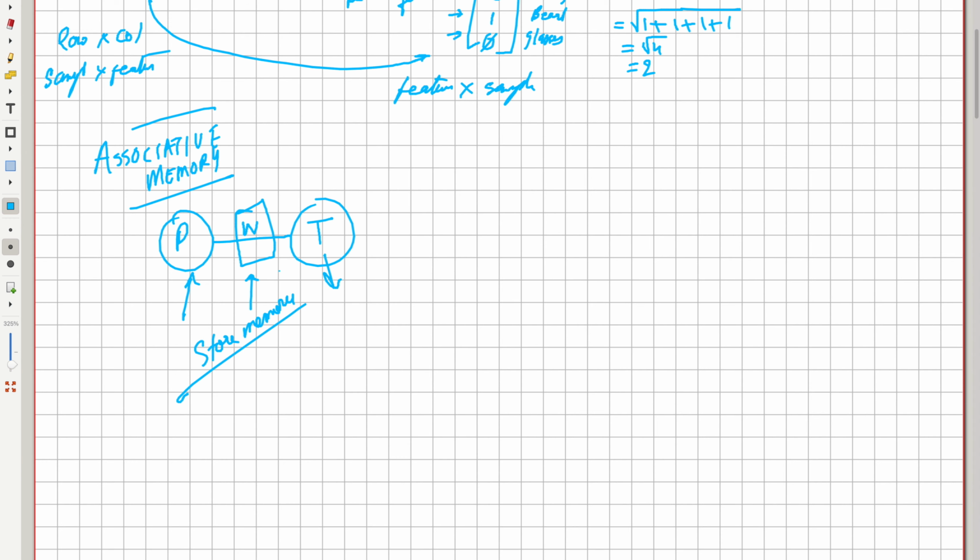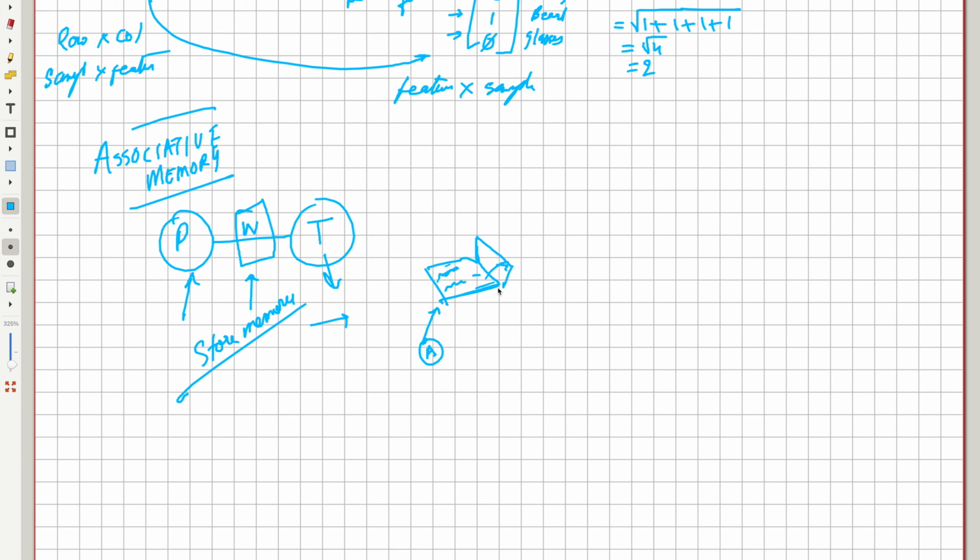Think of the stored memory as a notebook. Imagine you have a notebook, and each time you get some information, you write it down in the notebook. Later on, if you have to find information about something specific, you flip through the pages of the notebook and find that particular thing you're looking for.